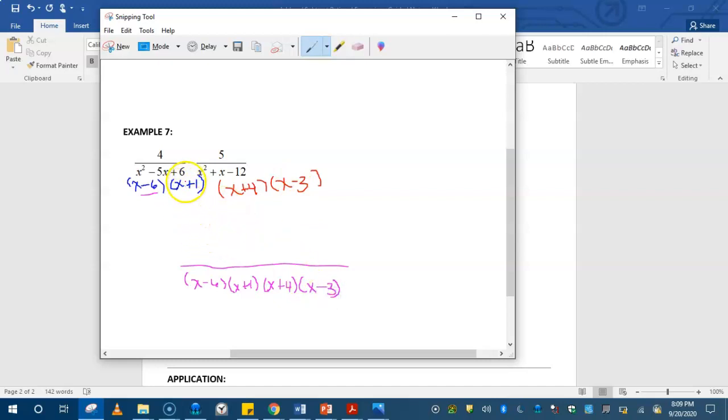Combine those all together, right? Then I go back up here and look at the first fraction. Now we see what's missing. From the first fraction, what are we missing? Well, we're missing the x plus 4 and the x minus 3.